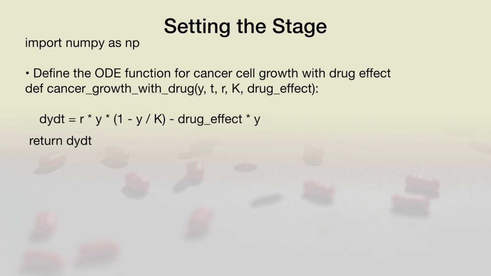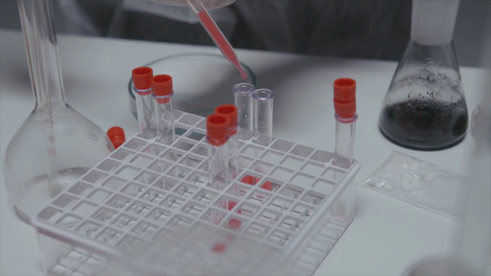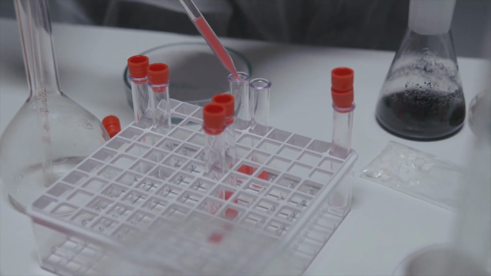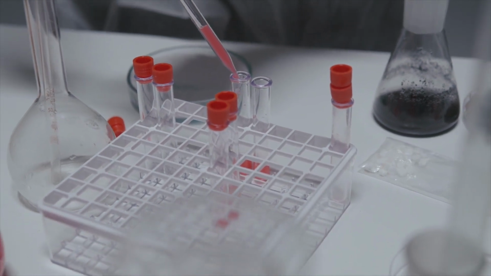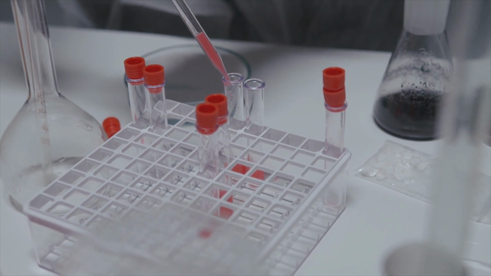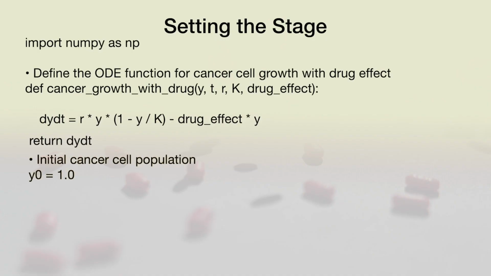After this, we will jump to step 3, which is setting the stage. So let us set the stage for our experiment. How will we set the stage? We will use, of course, the next code of Python, wherein the first thing we will do is set the initial cancer cell population.